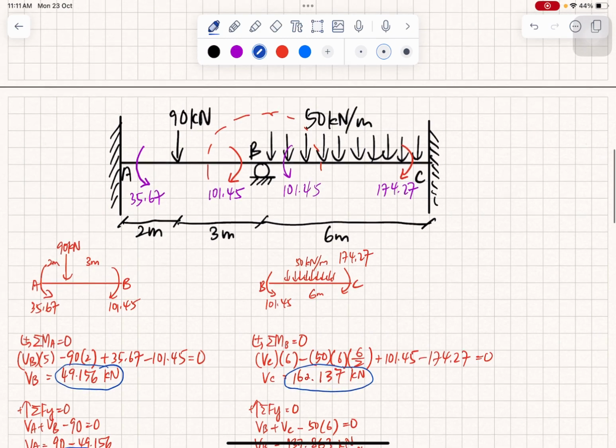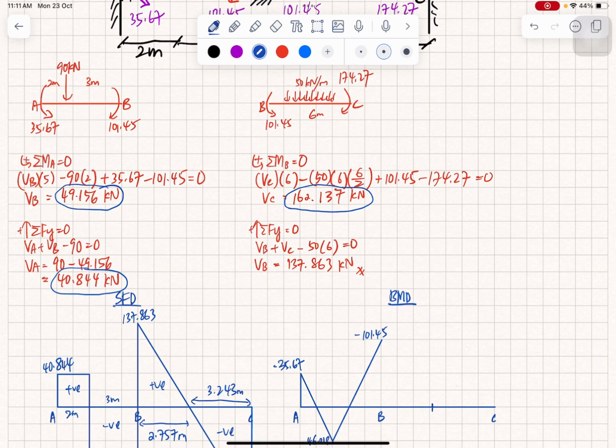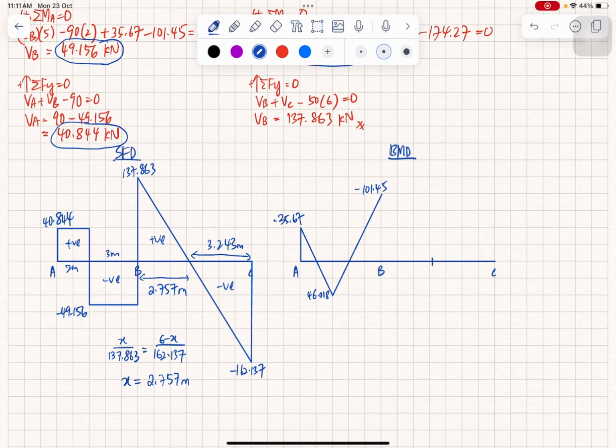So next, let us continue to find the answer. From negative 101.45, you add the area of this triangle, 137.863 times 2.757. You will get 88 something, so it is a curve, somewhere here.